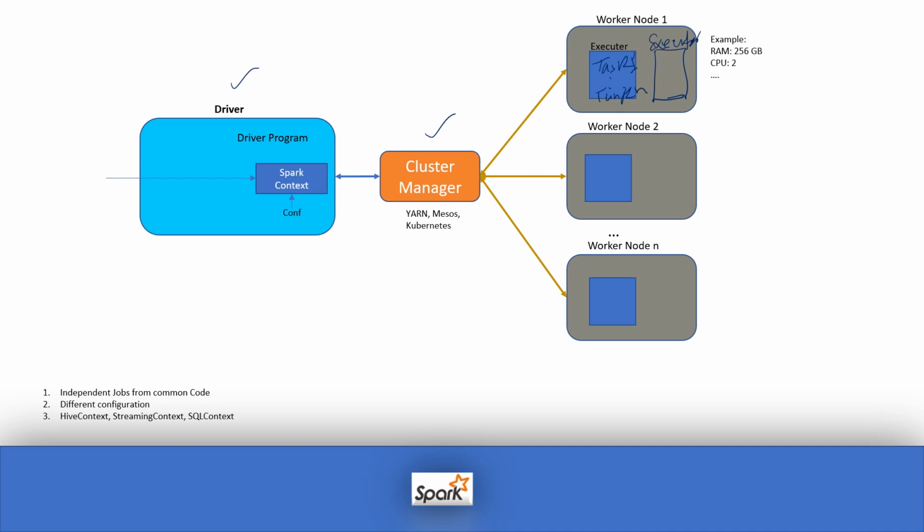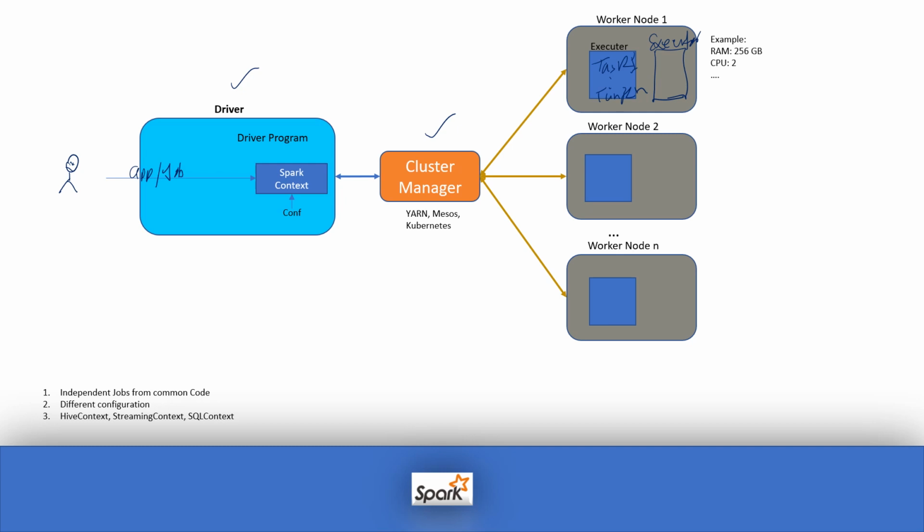Let's take an example here. One of the users is submitting an application or job to the driver program. Through the different kinds of logical and physical plans, it will create tasks. SparkContext, or the driver program, will connect with the cluster manager.